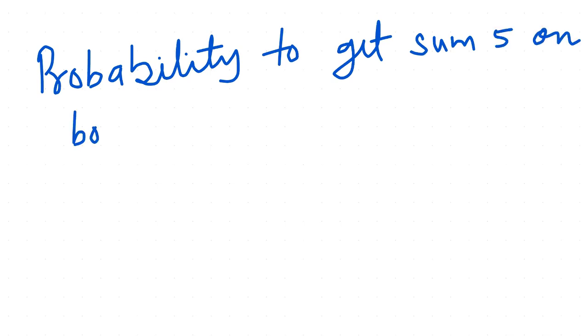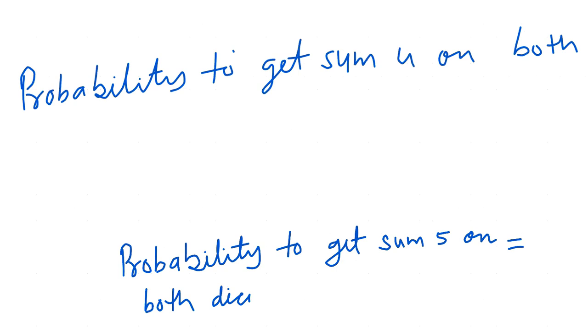Now let us find probability to get sum 5 on both dice. Let us see how many favorable outcomes we have to get 5.